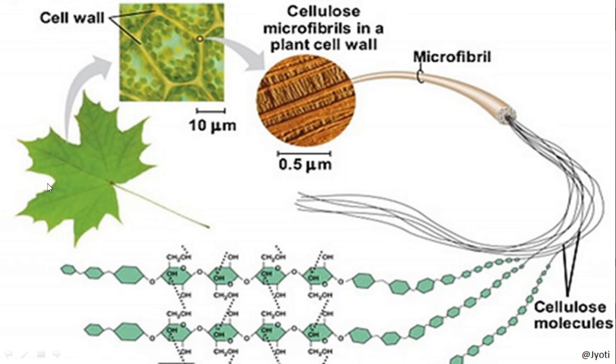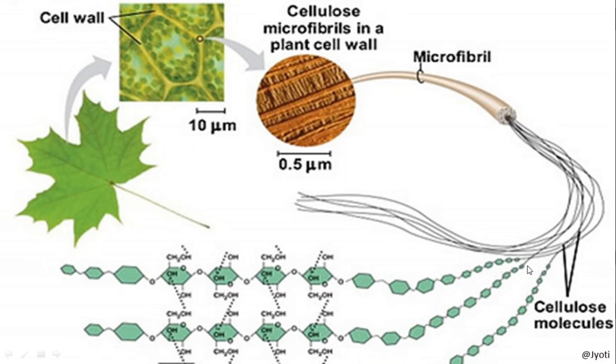So this is the leaf. In the leaf the cells are there. The cells are having the cell wall. The cellulose microfibrils are forming the plant cell wall. So this is the structure of the microfibril. Each fibril is highlighted here.